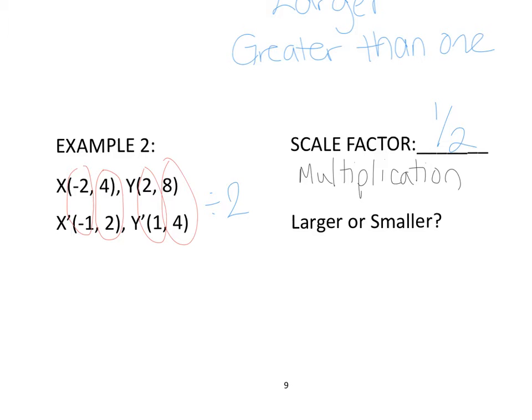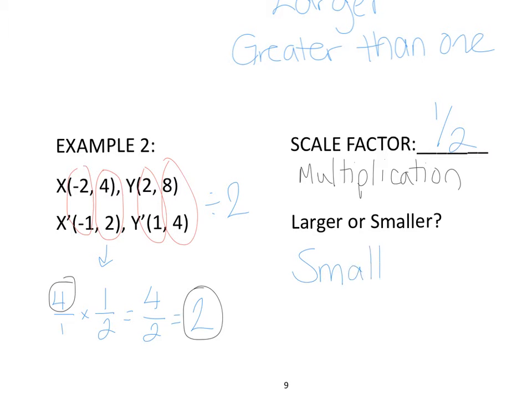Just to prove it, let's go with the 4 and 2 one. 4 over 1 times 1/2 gives you 4 times 1 is 4, and 1 times 2 is 2, and 4 over 2 simplified is 2. So I ended up with 4, 2 for that. Same if you did any of the other points. Now we know that this is going to end up being smaller because it's less than 1.